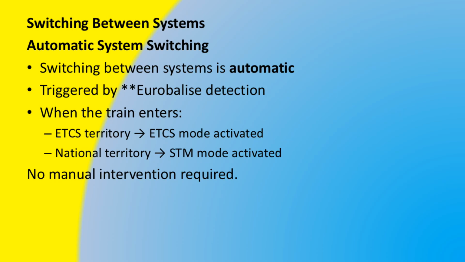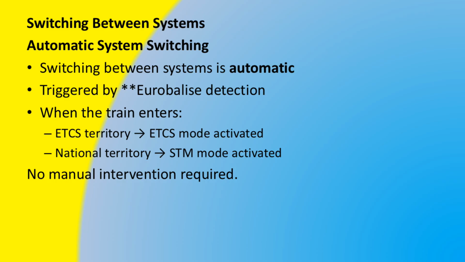Switching between systems. An important feature of STM operation is automatic switching between systems. This switching occurs when the train detects a Euroballise installed on the track. Euroballises are electronic beacons placed between the rails. They transmit information to the train when it passes over them.